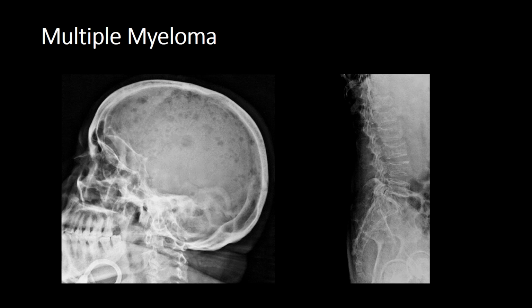So the classic appearance of multiple myeloma is multiple punched out lytic lesions, and within the vertebral column you're looking at really severe osteopenia.